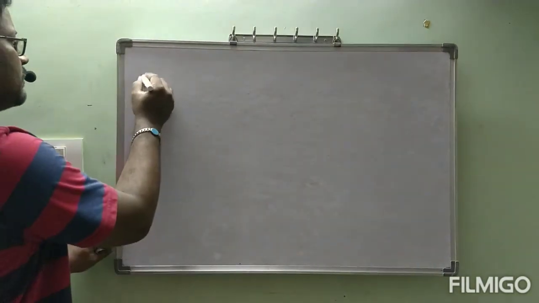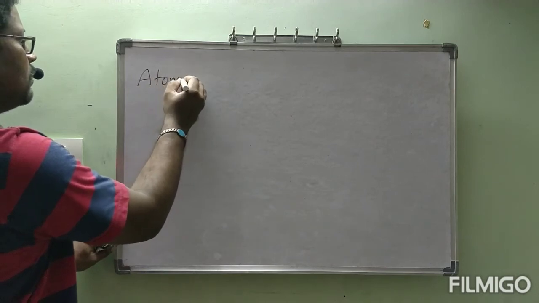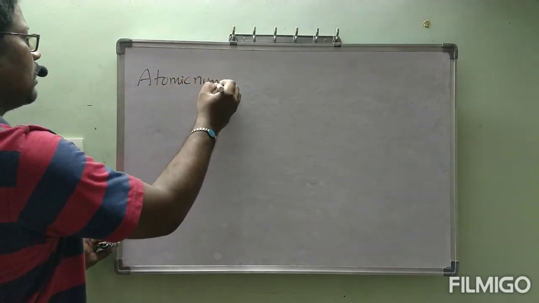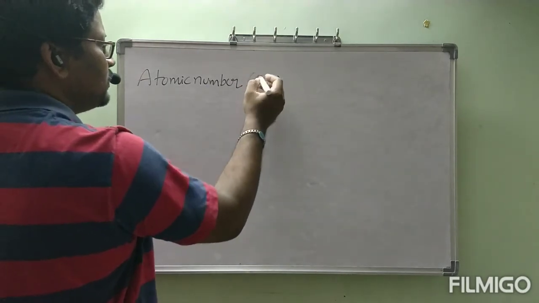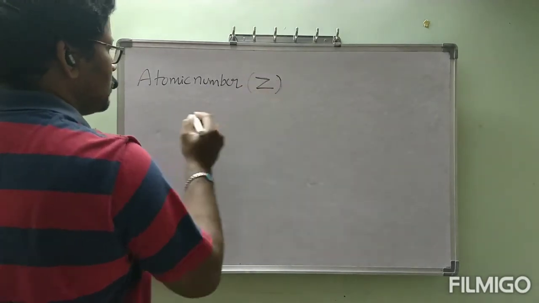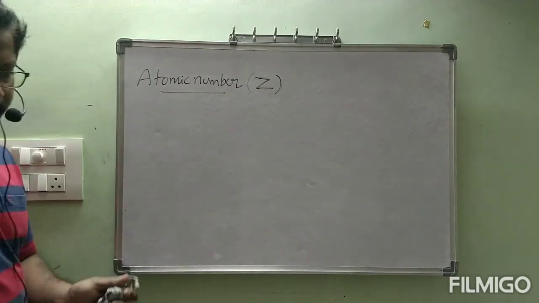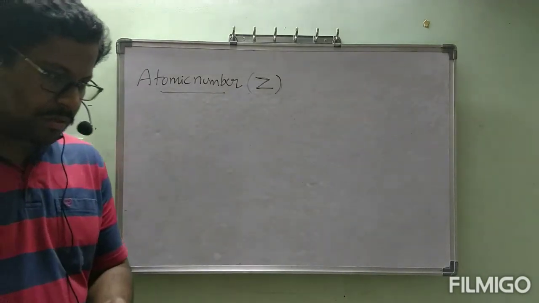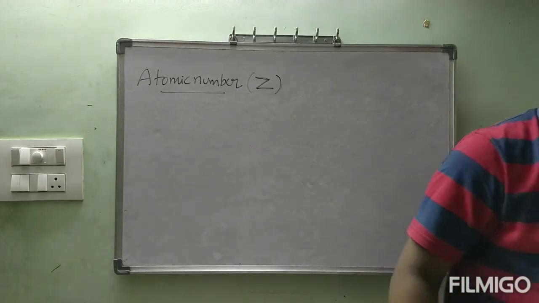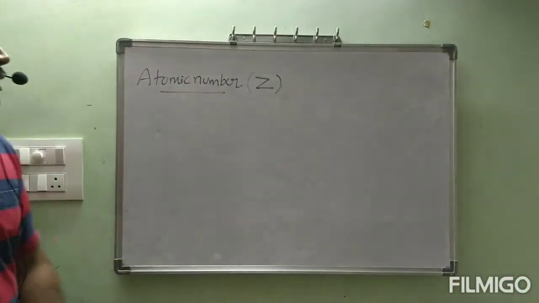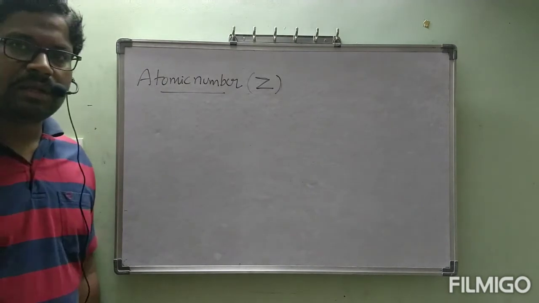Next side heading is atomic number. Atomic number representation is Z. Under this atomic number, write the definition.